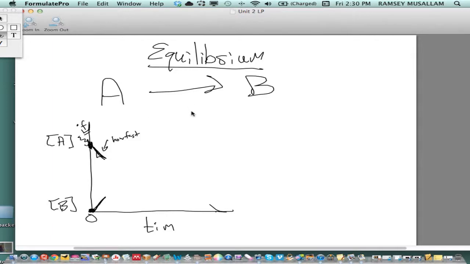And then it's going to be broken into what happens at equilibrium. And here's what happens at equilibrium. They both go up proportionally to one another, and then something happens like this. This line, this is called equilibrium. So what happens at equilibrium just by looking at that graph?